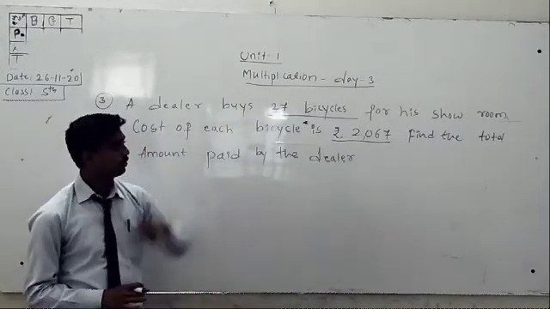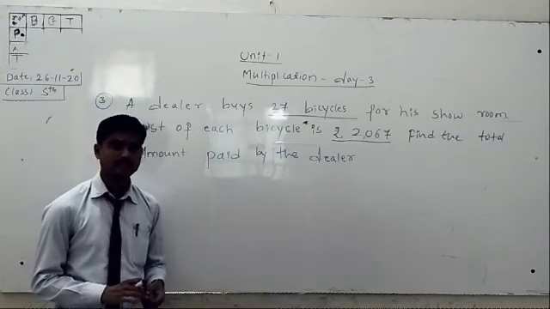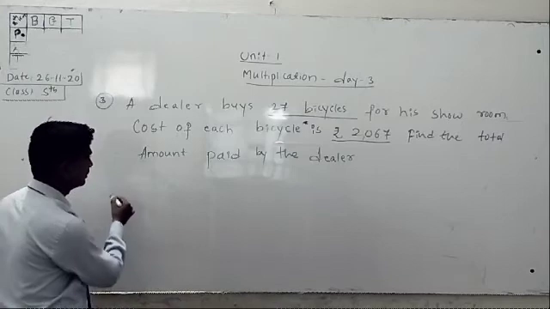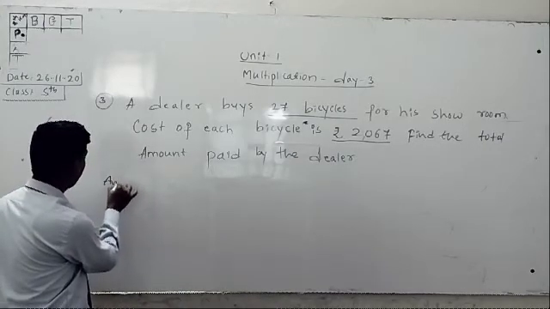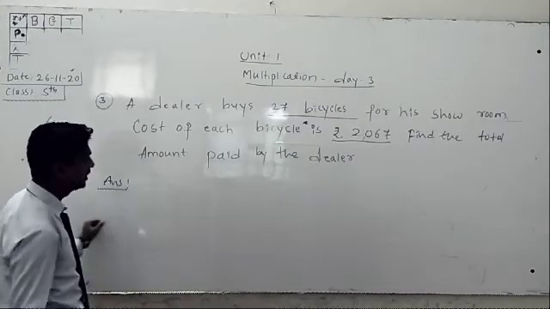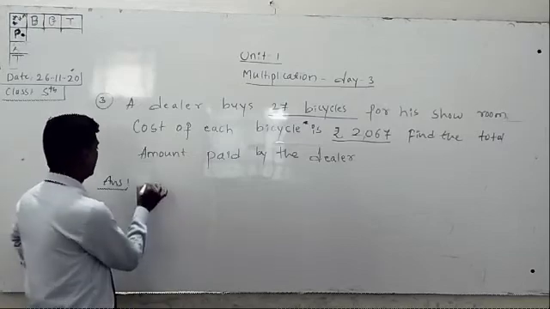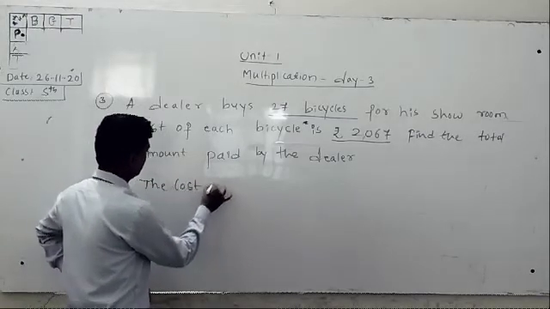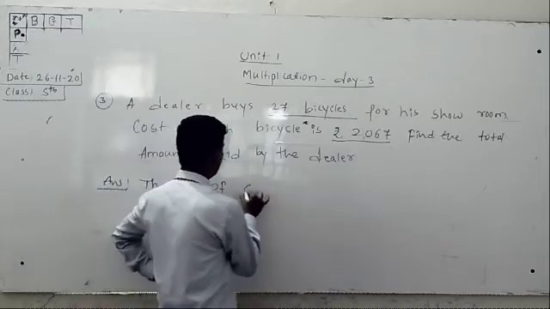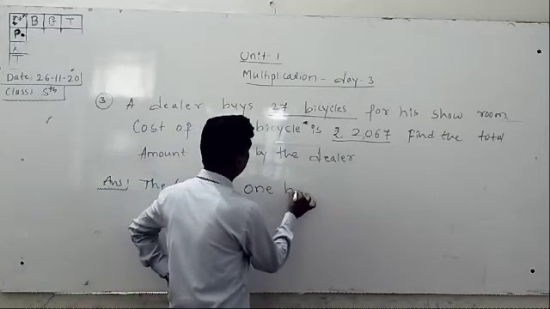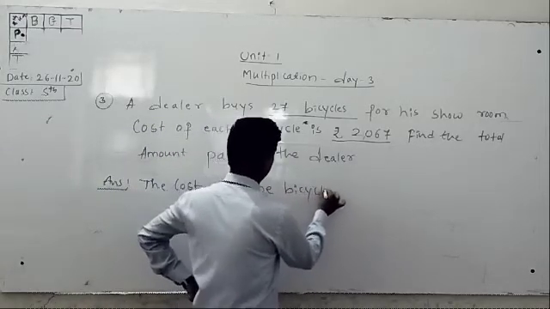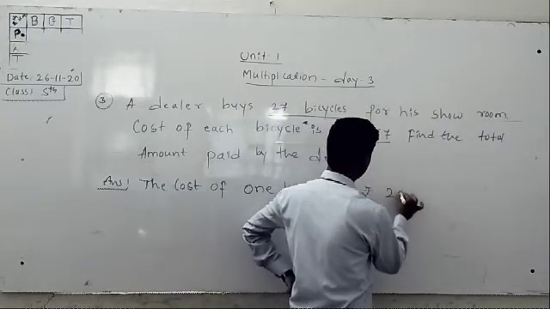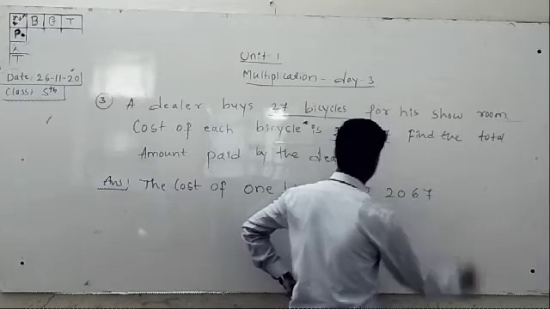Total 27 bicycles. First of all, you should write the answer. What is given there? Statements you should write. The cost of one bicycle is rupees 2067.